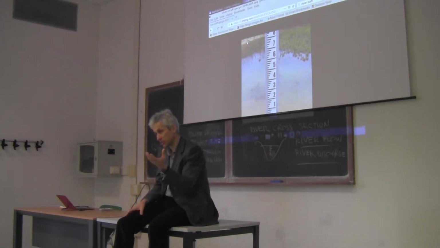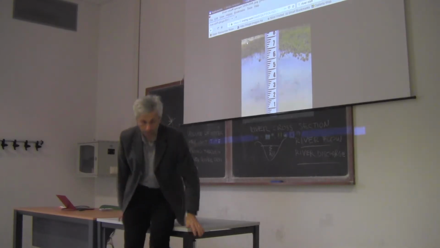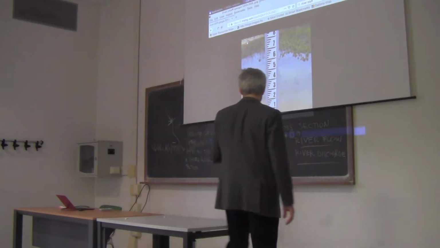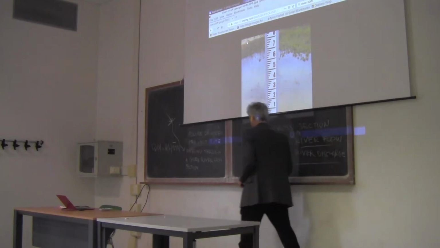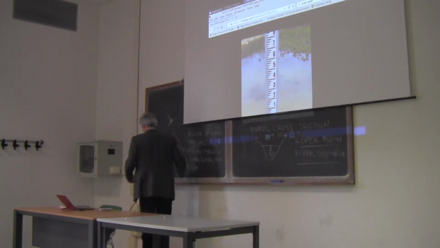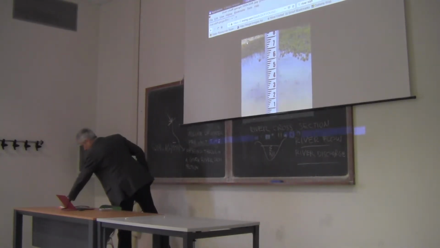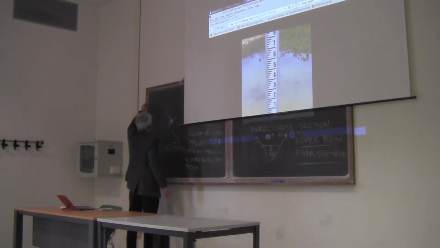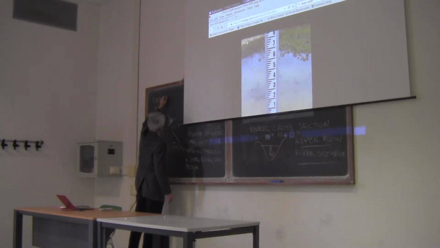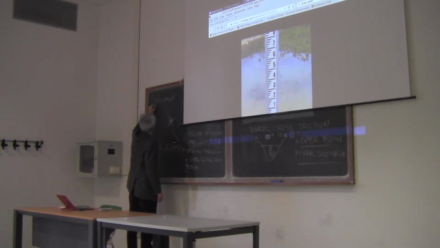This portion of Earth's surface that refers to a given river cross-section is called catchment or watershed. It depends on the use of American rather than UK English. Catchment is American English, but it's used also in the UK. Watershed is UK English.